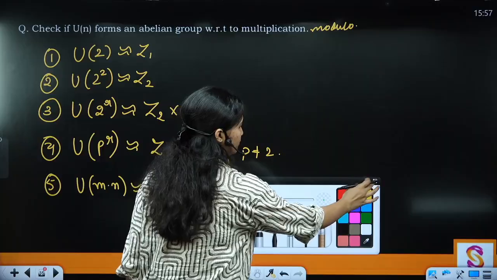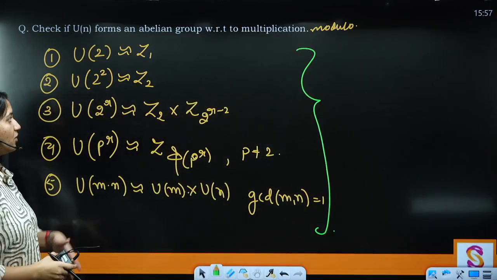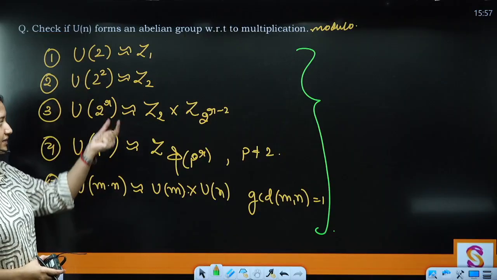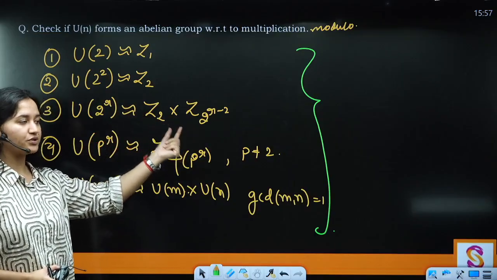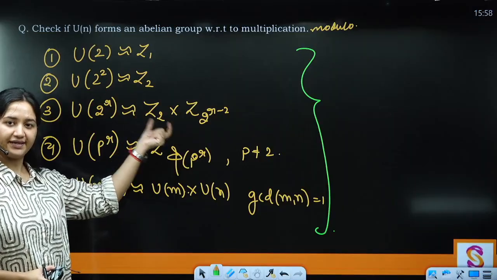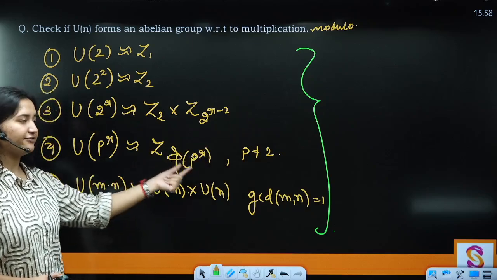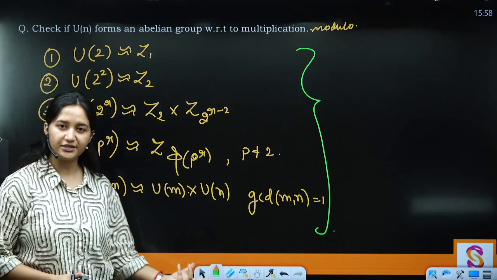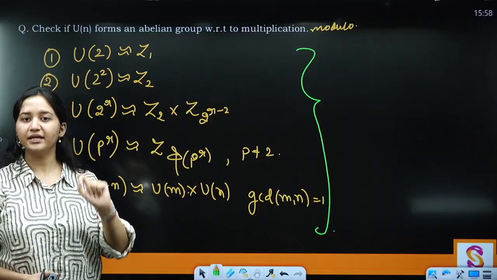Now, if you notice, what is happening? That all of UNs are being represented in the form of what? They are represented in the form of composition of groups of group of residues. Z2 raised to the power R minus 2, Z phi of PR. ये कैसे भी आप groups ले लो, these are all going to be group of residues only. और composition of all the abelian groups is again an abelian group.